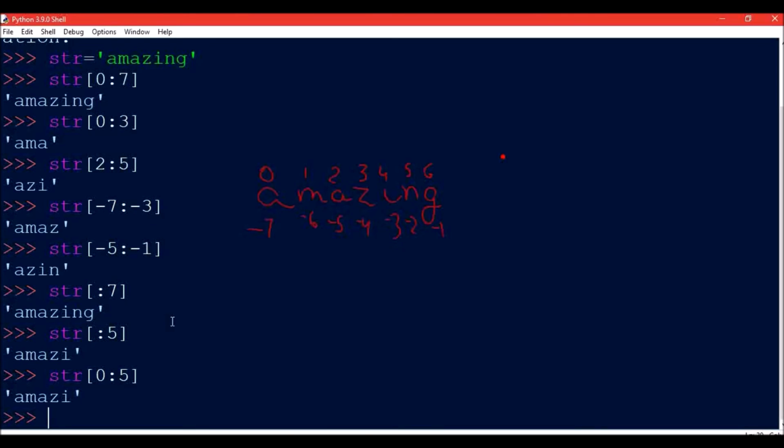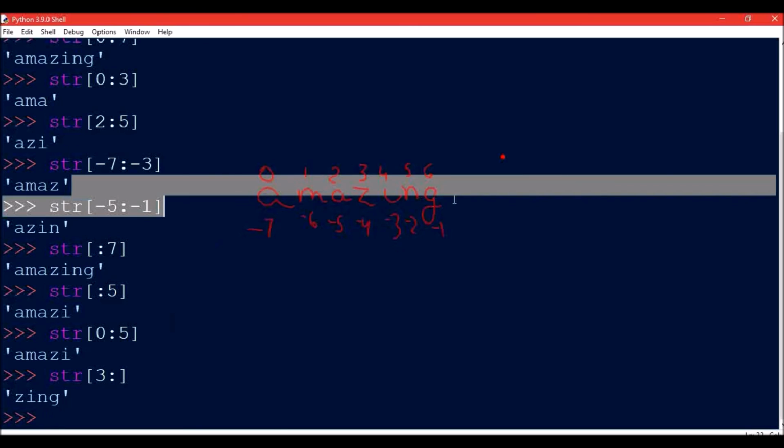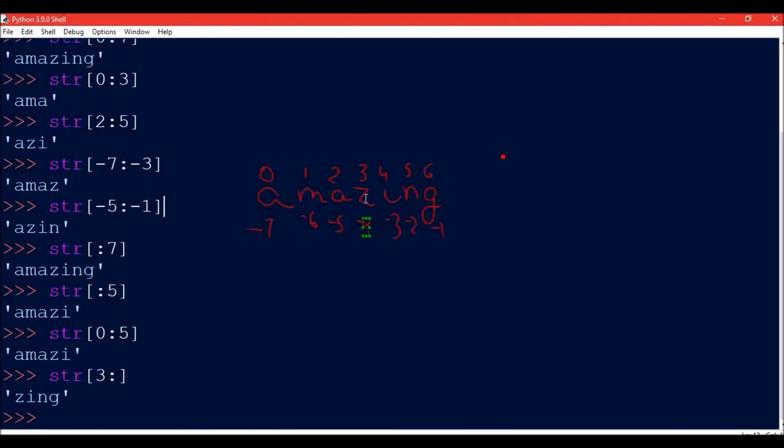If I write the first index and I do not write the second index, so in this case what will happen? ZING will be printed. Why? Because the missing index after the colon is taken as 7, that is the length of the string. So the length of the string is 7.